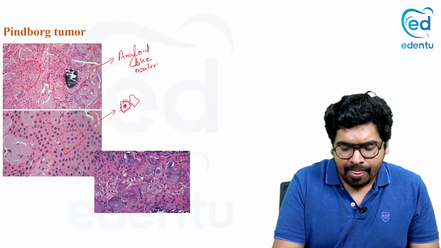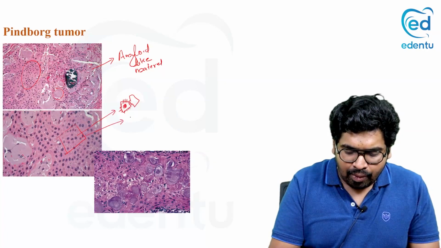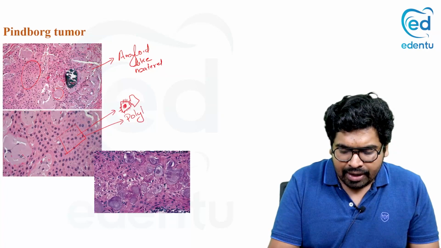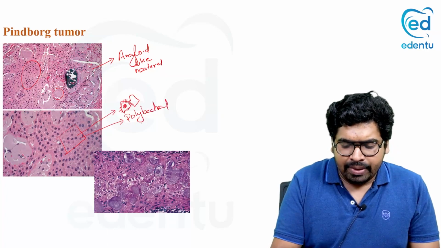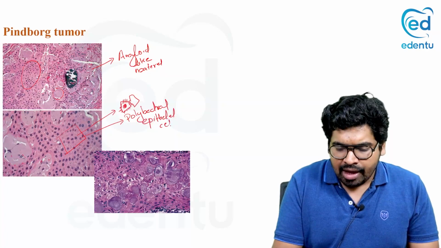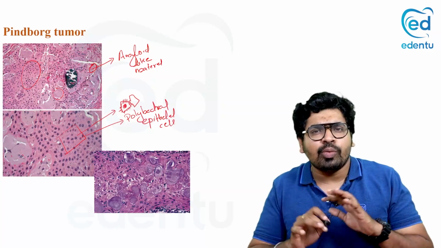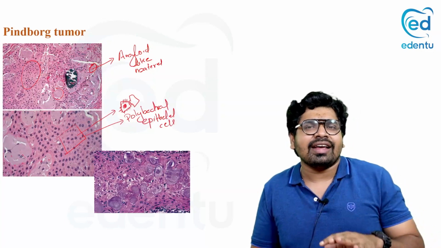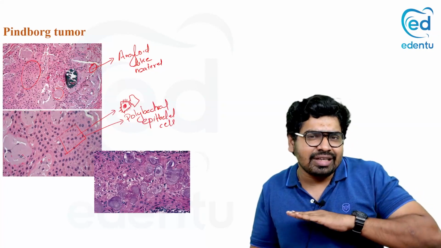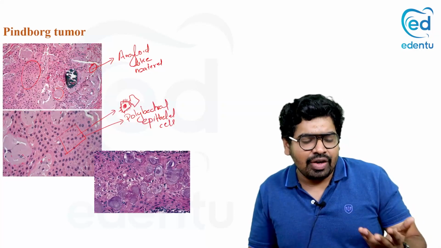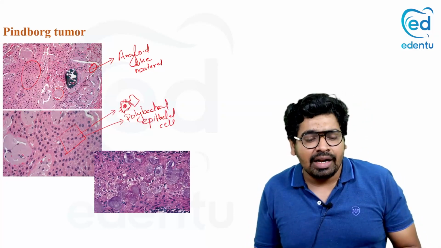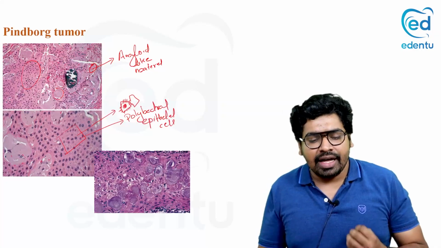We are seeing polyhedral epithelial cells, and we are seeing eosinophilic, pink, homogeneous areas. It doesn't look like a cell, it is homogeneous, or hyalinized areas of eosinophilic material. They are nothing but amyloid.